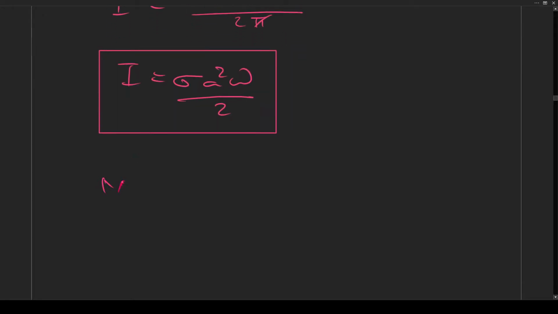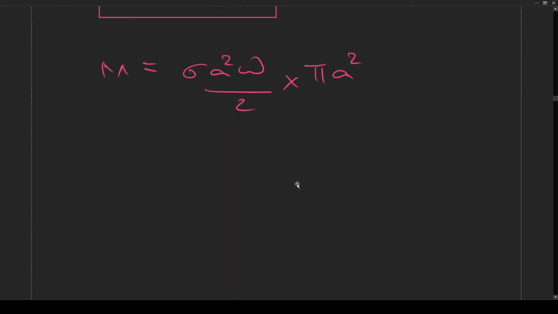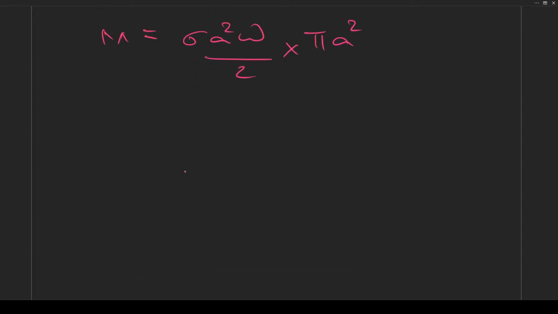I is equal to sigma a square omega by 2, and substituting it in the magnetic moment equation, which is equal to I into A, sigma a square omega by 2 times pi a square, and finally dm is equal to this.